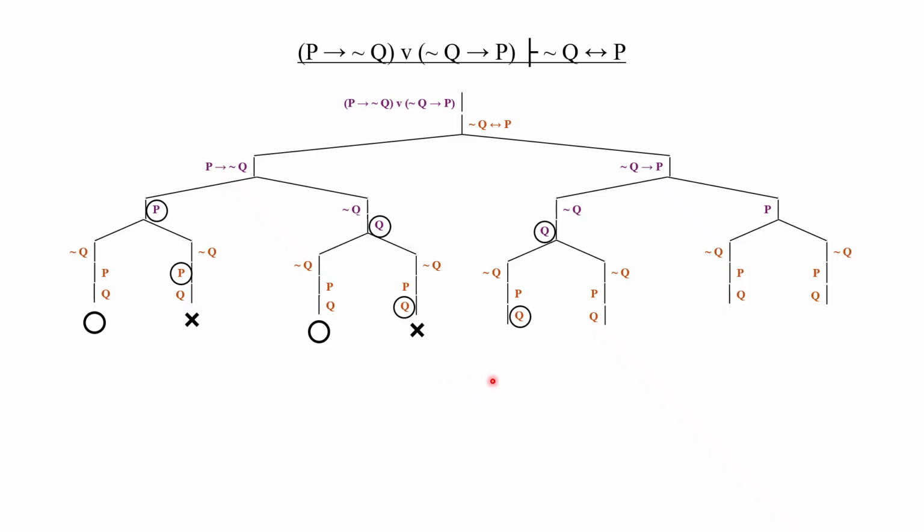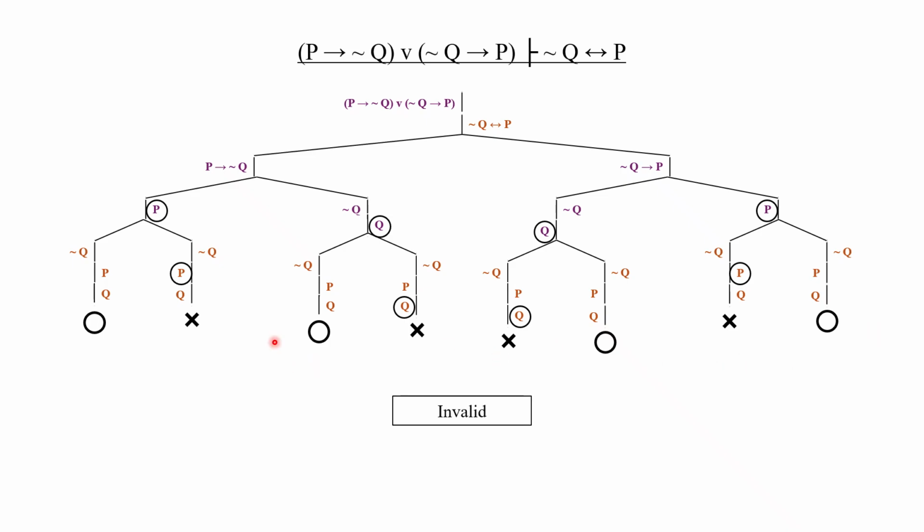Looking at this one, I got a Q on both sides, so that one will close. Here, I don't see anything that's going to match on both sides. Here, I've got a P on both sides, so that one will close, and then nothing here is going to contradict.